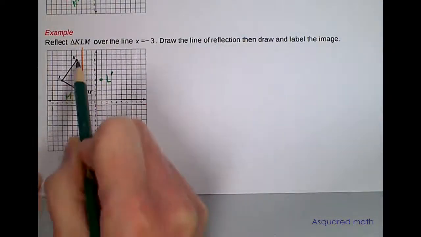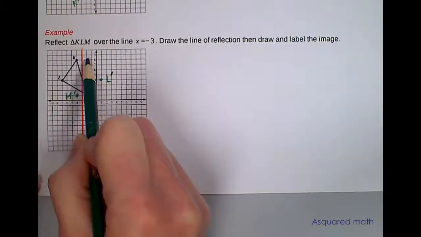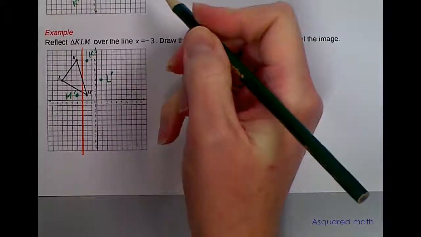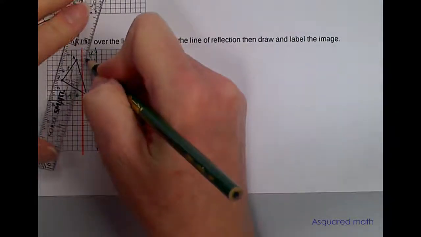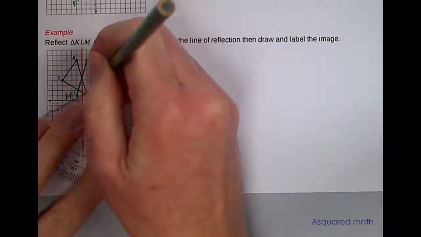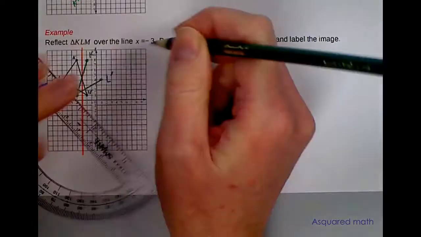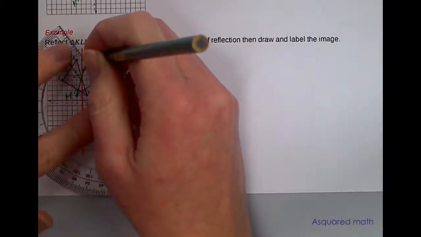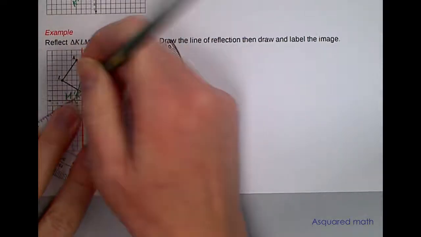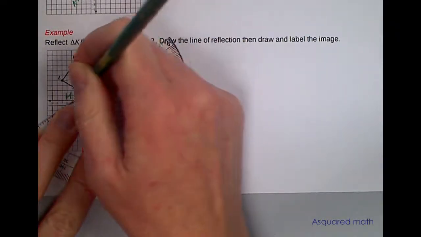K is 1 unit away to the left, so we want to reflect 1 unit to the right to get our K prime. Again, connect our points using a straight edge. That's not a very good line right there. Let's fix that. There we go.